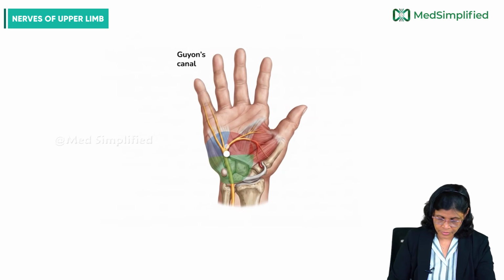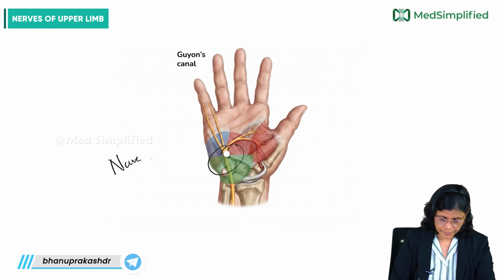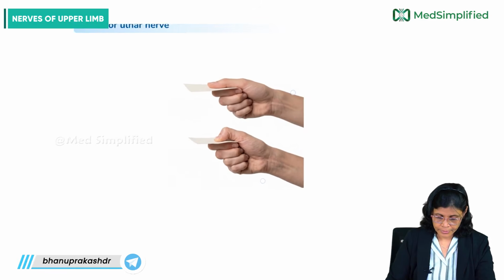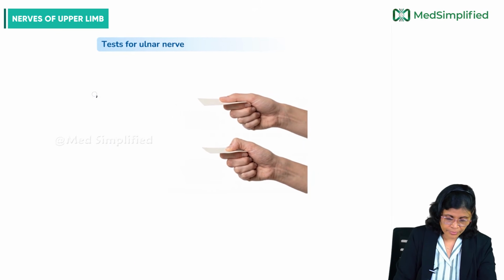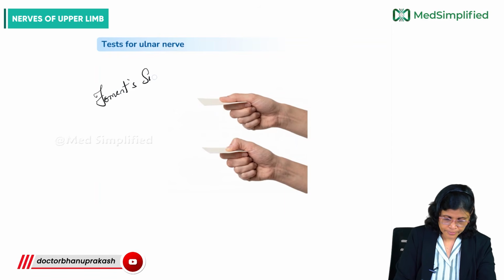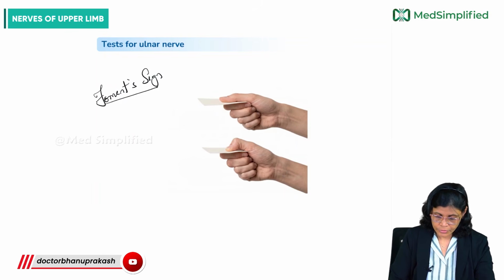So this is the Guyon's tunnel where it can be compressed, nerve entrapment can happen. So this test we do where the Froment's sign will be positive. So this is in normal.